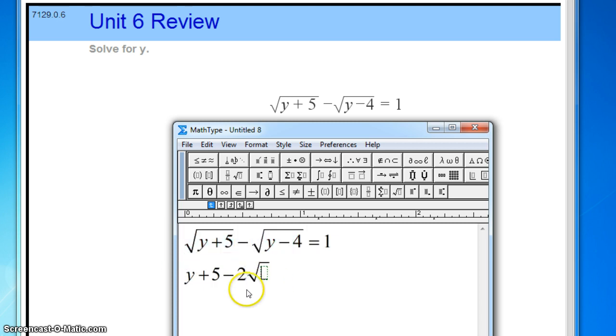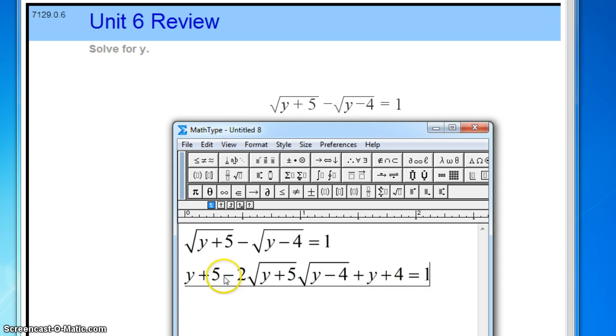So it's like root y plus 5 square root y minus 4, and then plus y minus 4 equals 1. So that's what I got at first, and that actually, if I had done it a little more carefully, might have worked. But it's important just to try something. And then I realized there's a much easier way.